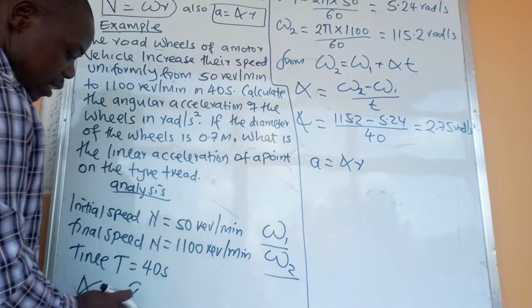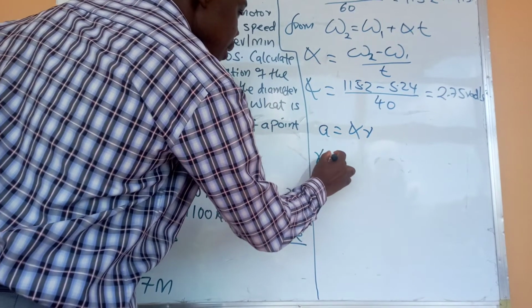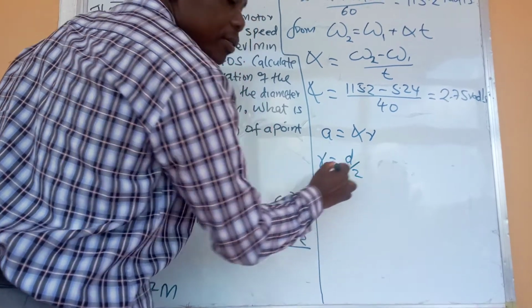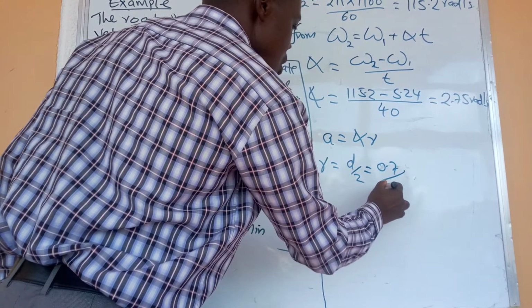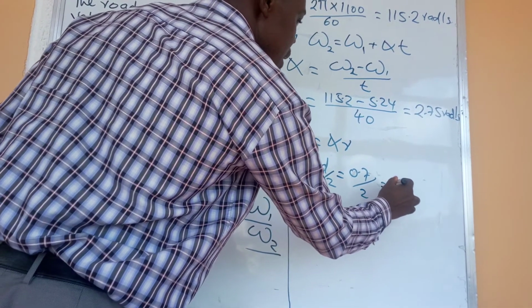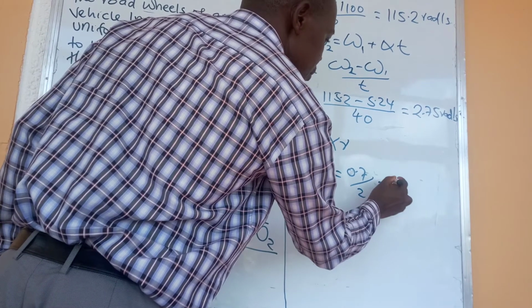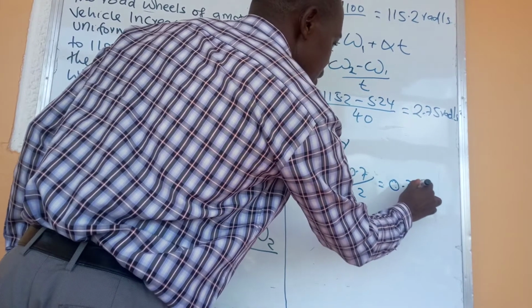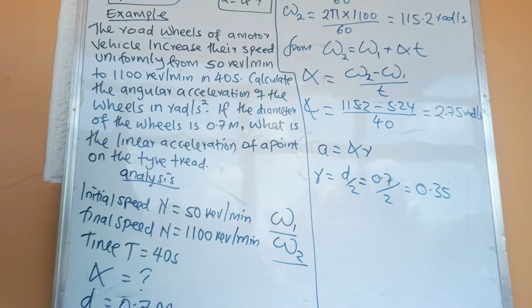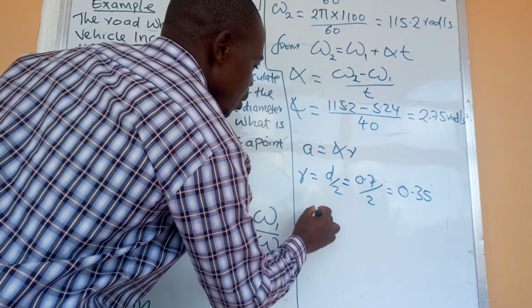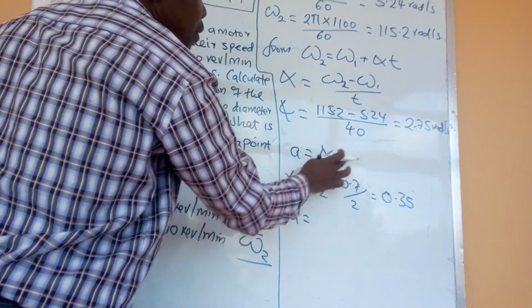From the diameter equals 0.7, we get r equals half the diameter, or diameter over 2, which is 0.7 over 2, and this gives us 0.35 meters.